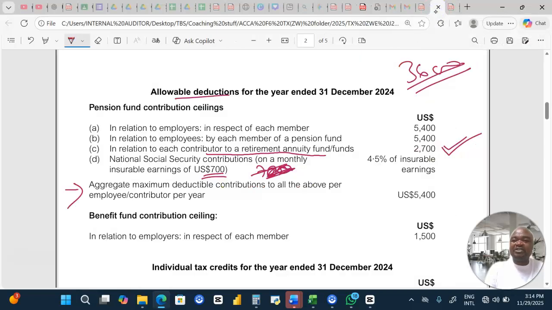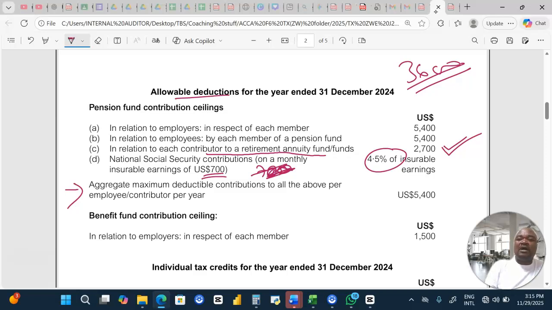Remember, there is a percentage of 4.5% on the insurable earnings. And the insurable earnings, this lady has reached the maximum. Maybe she was earning 1,000 or 2,000 per month. So she has reached the maximum that could be insured. So in this case, she has reached the 700 limit, and we then multiply that by 12 months in a year, multiplied by the percentage insurable.